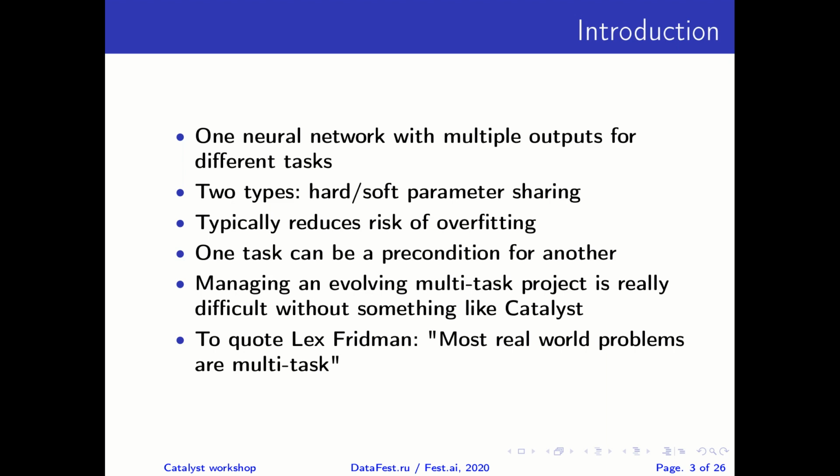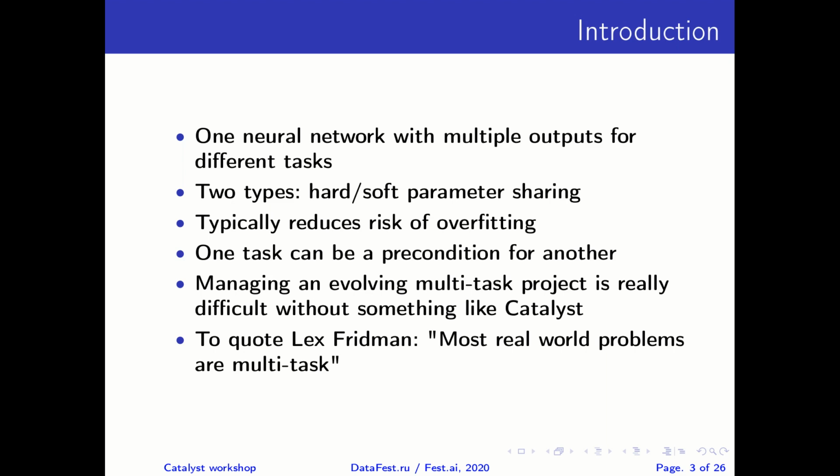The big advantage of this approach is that the computational savings and memory savings as well are huge. So for stuff like autopilot at Tesla, or in general in the automotive industry, obviously, because you're deploying the neural network on some sort of embedded device, you can't afford to have a separate neural network for every single task.